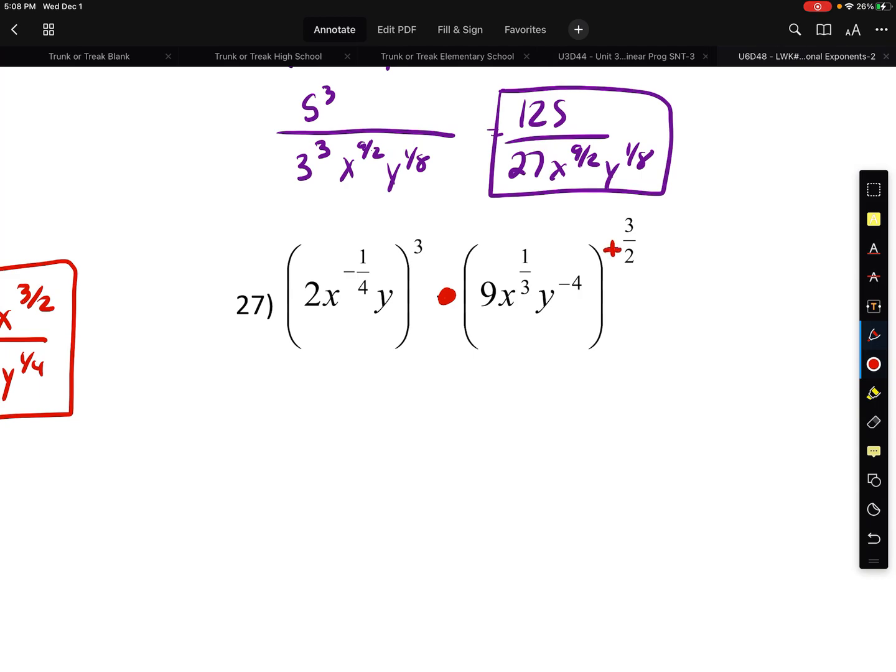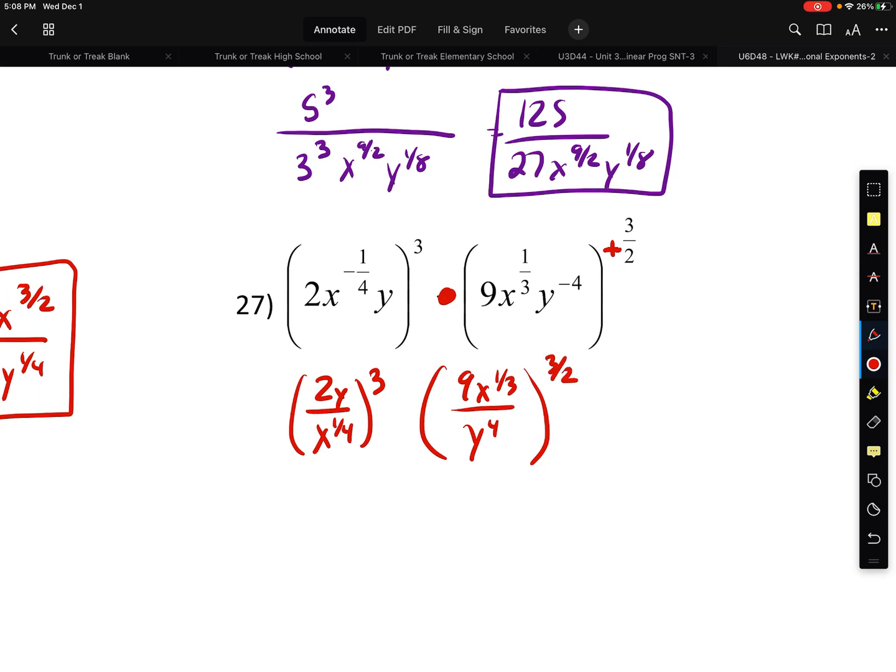Awesome. All right, so I'm going to do a little reorganizing. 2y x to the 1/4, to the 3rd, times 9x to the 1/3 y to the 4th, all to the 3 over 2 power. So I have 8y to the 3rd x to the 3/4. 9 square root's 3, so I got 27 x to the 1/2 y to the 6.